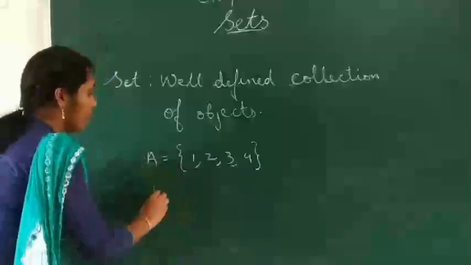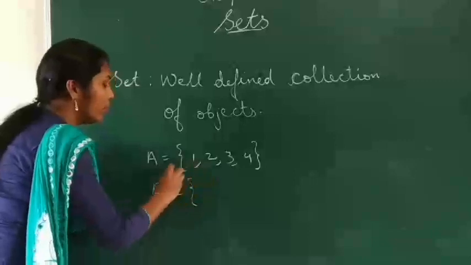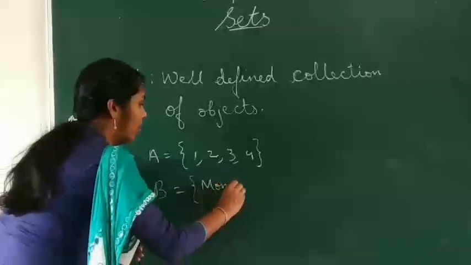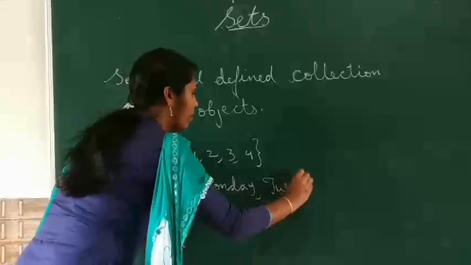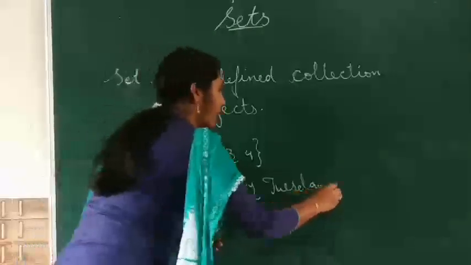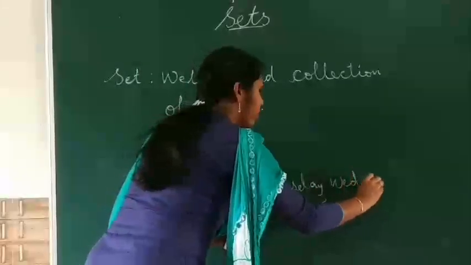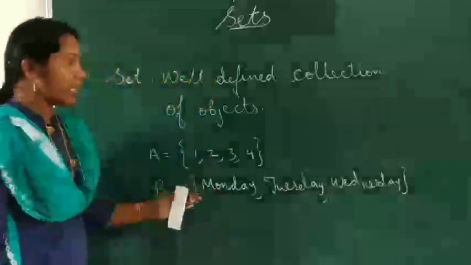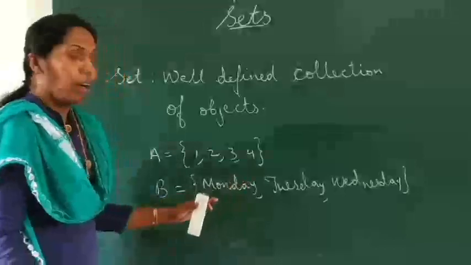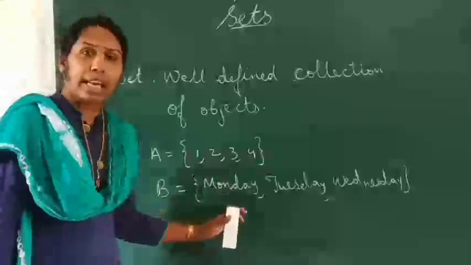Now another example, B is equal to {Monday, Tuesday, Wednesday}. So in this we can say this set is a set of all the days of week, first 3 days of week.